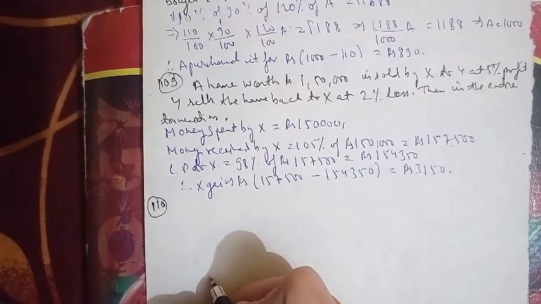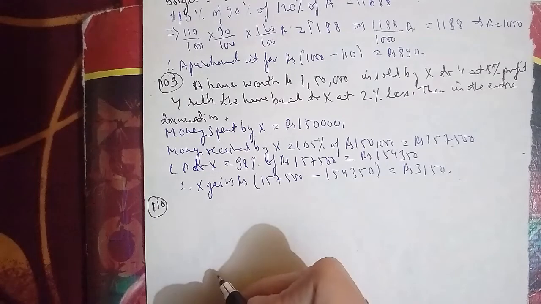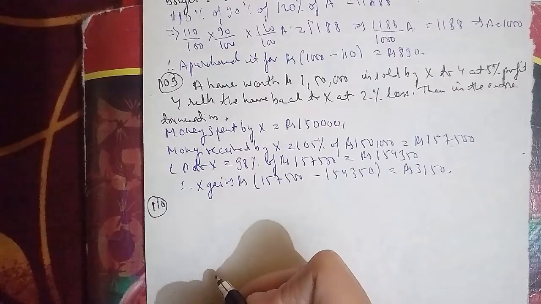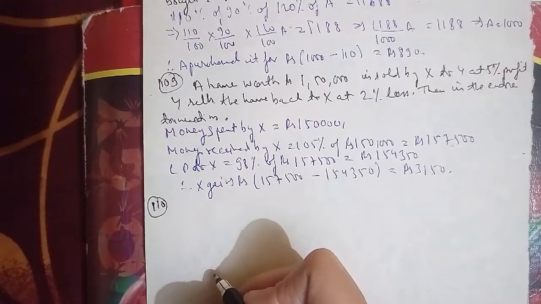The retailer in turn sells them to a customer for rupees 30.09, thereby earning a profit of 25%. The cost price for the manufacturer is what we have to find. The options are rupees 15, rupees 16, rupees 17, and rupees 18. So we go ahead.